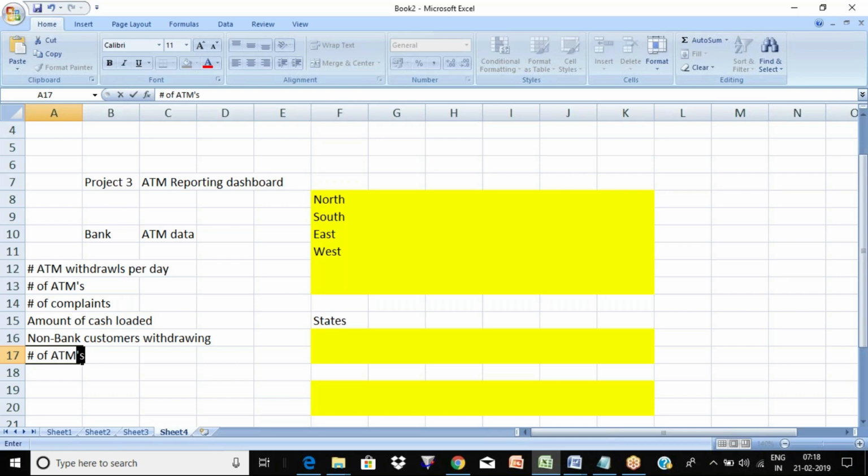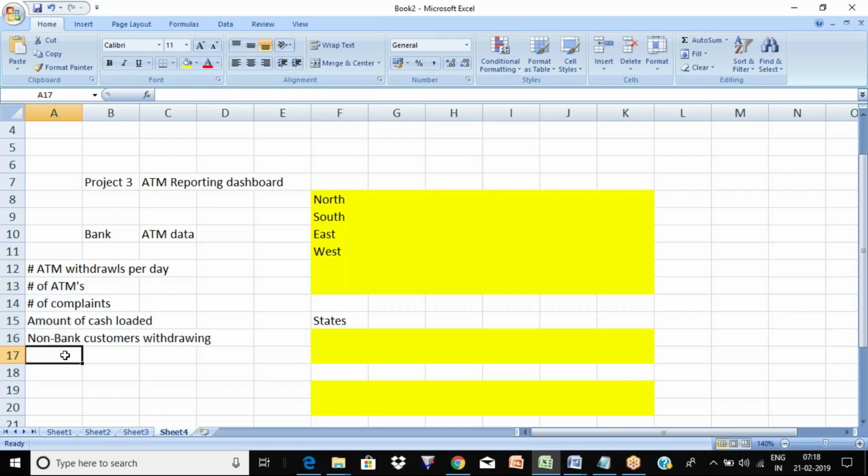Yeah, but when we look at the number of ATMs and drill down at the branch level, we will come to know these same metrics for each branch also when we drill down.